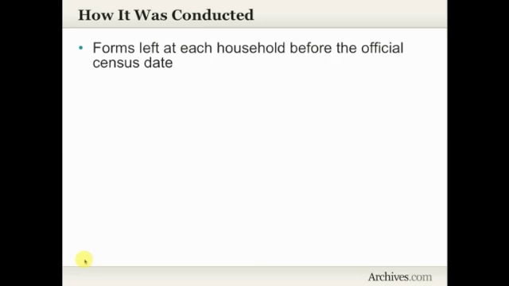So let's say that the official census date was March the 2nd. Whoever was responsible for conducting the census in that area would distribute the forms to the household a few days before that date. And then those forms were filled out by someone in the household.